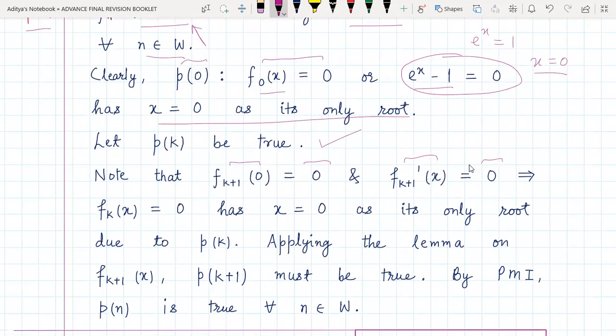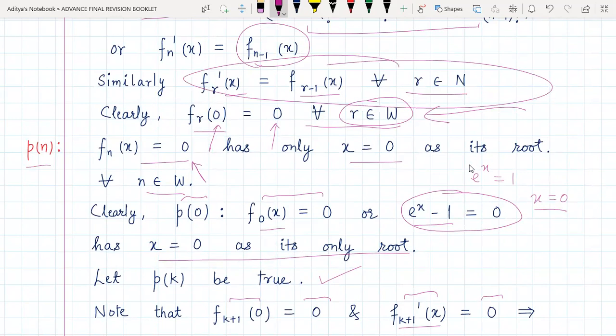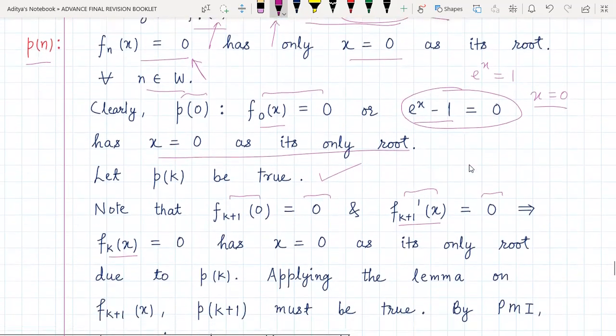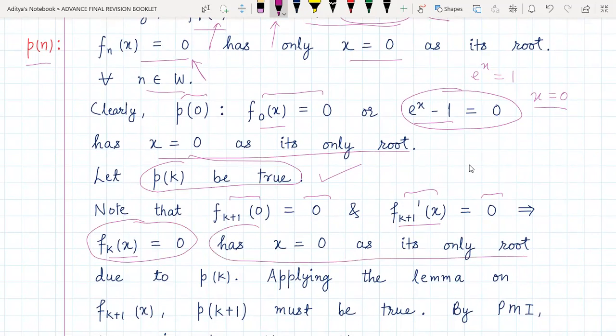We know that f k plus 1 prime x would be equal to f k x. Why would it be so? Due to the result that we have already proven. Since we assumed p k to be true, f k x equal to 0 will only have x equal to 0 as its root, right? Because p of k has been assumed to be true.